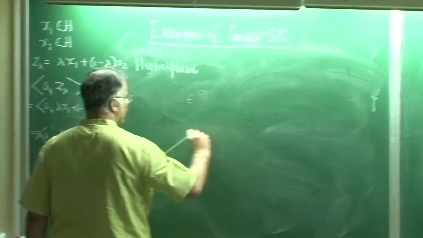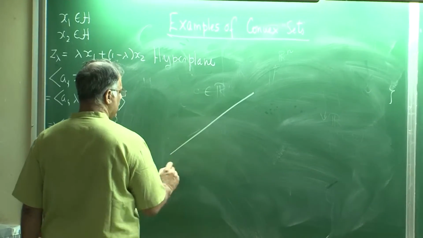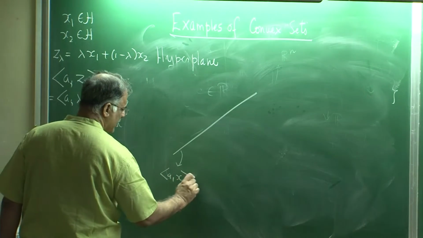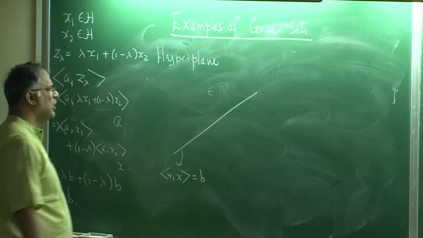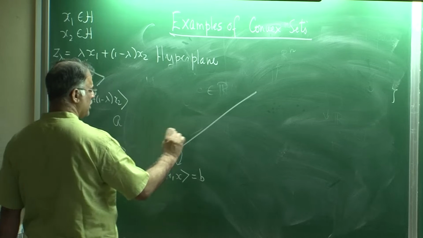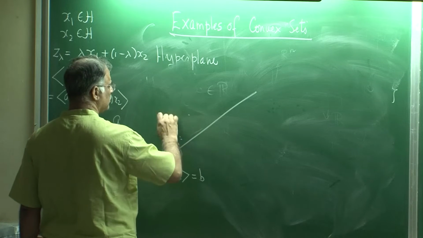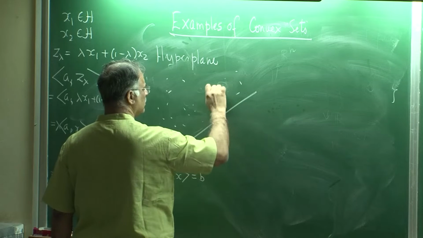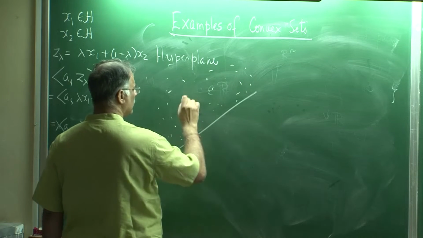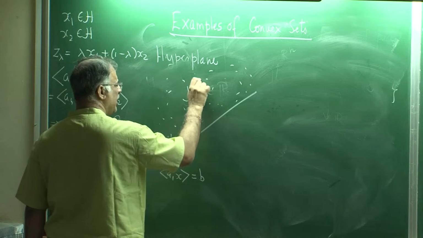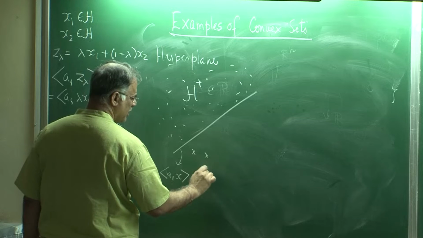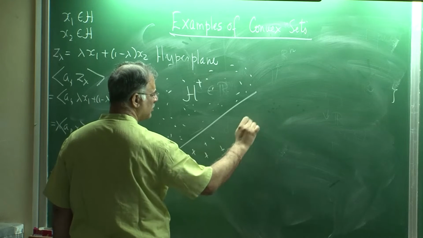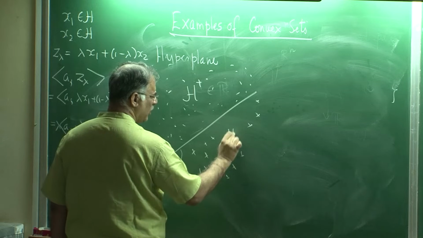So, here is a straight line, or a hyperplane, given by the equation Ax equal to b. Now, this set of points is called the upper half space, and this set of points is called the lower half space.